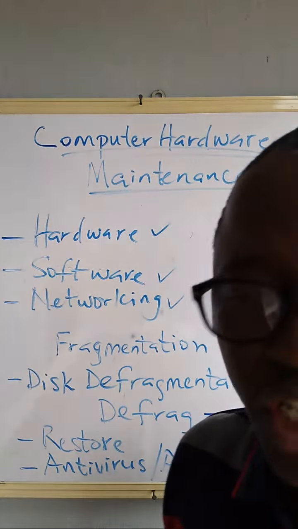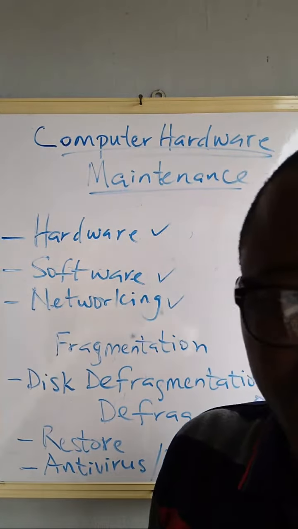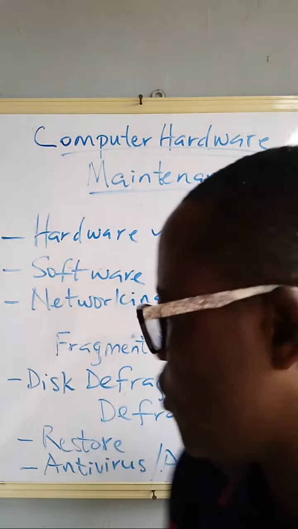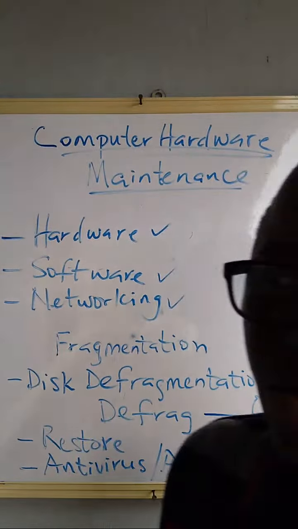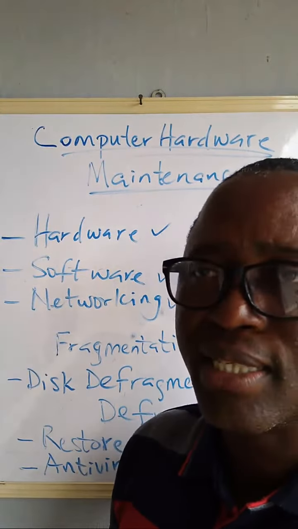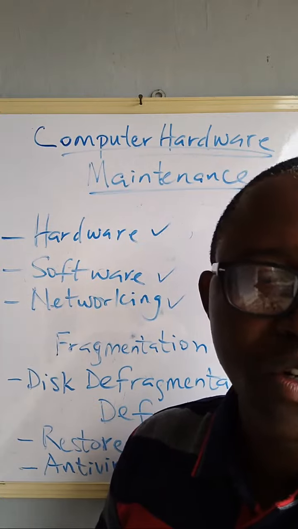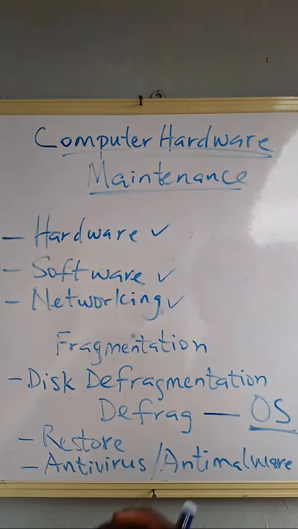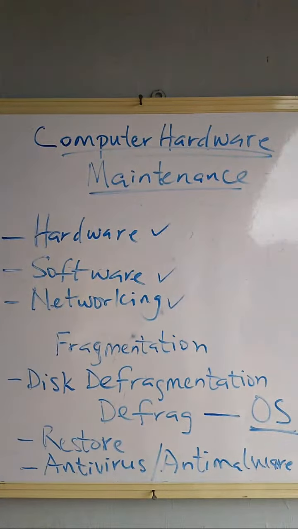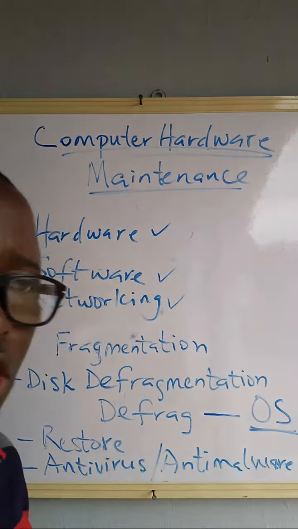So what you need to do is go to the start button, click on start, and then search for defragmentation. Then the operating system will take you to the section where this defragmentation is kept. So you click on the drive, which is usually drive C of the computer, and you begin the defragmentation.